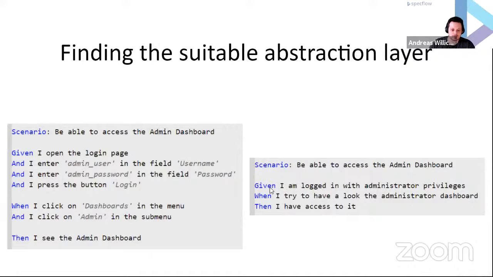So one thing you can do is combine them and move this into your automation. We could combine these 4 steps into one: Given I'm logged in with administrator privileges. When you read that, you don't see how your UI looks like, it's independent. You do this in the automation layer.